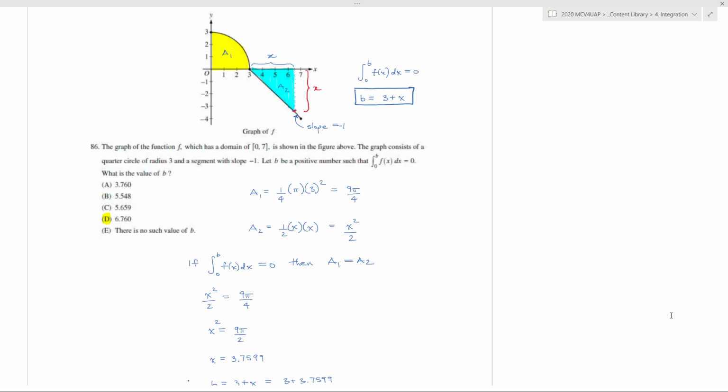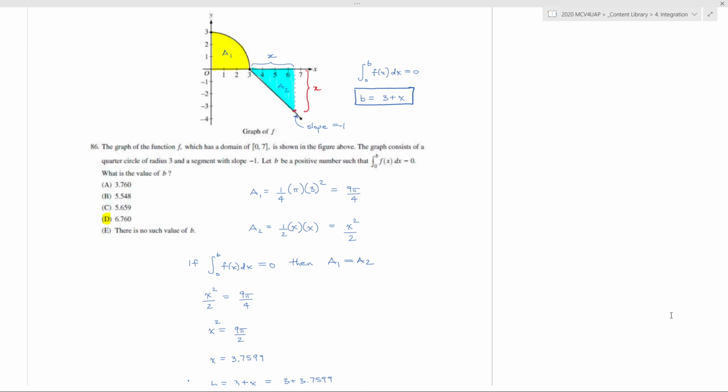Okay, so when you look at the diagram, you can see that if you're starting at 0 and you're integrating towards the right, the only way we're going to get 0 is by having a negative area, like part of the blue triangle there, canceling out the area that's the quarter circle. So for sure we're going to have to integrate past 3, because the integral from 0 to 3 is just a positive number.